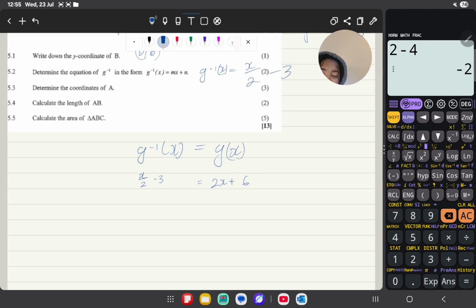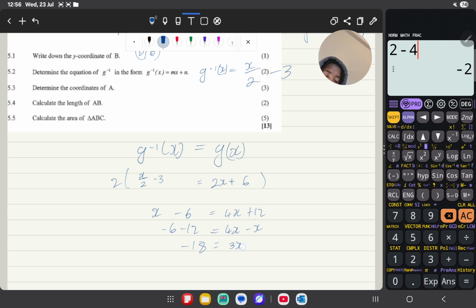So you do your maths here. Let me multiply by 2. Then I have x minus 6 equals 4x plus 12. So 4x minus x, I have minus 6 minus 12, which is minus 18.